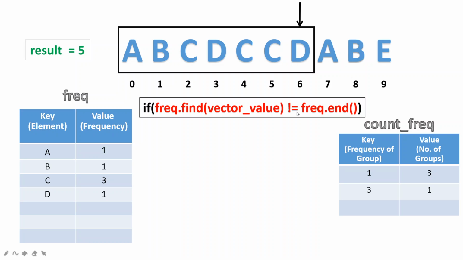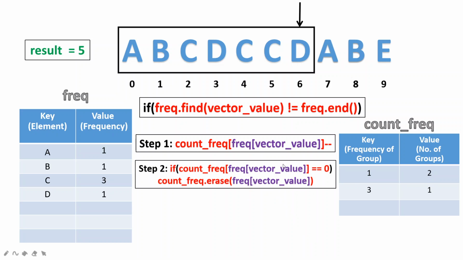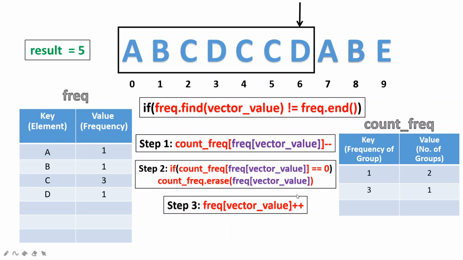Now over here D is also present, hence we'll follow the same procedure. First is decrement the corresponding value. So D points to 1, 1 points to 3, which will be decremented. It becomes 2. Step 2 is basically checking if the resultant value is 0. What we got is not 0, hence we skip this step.